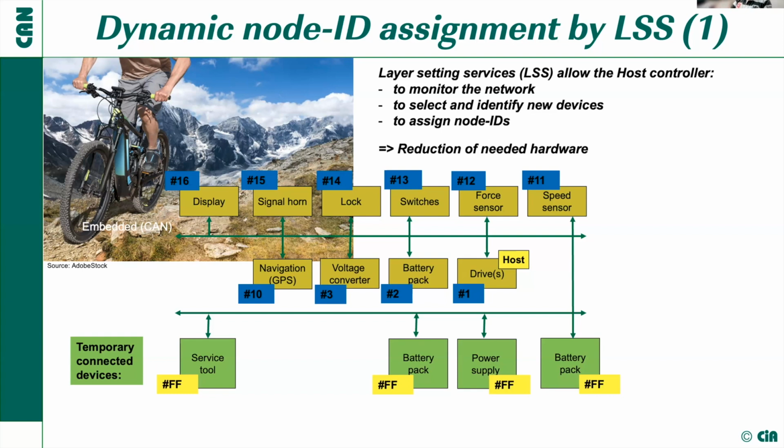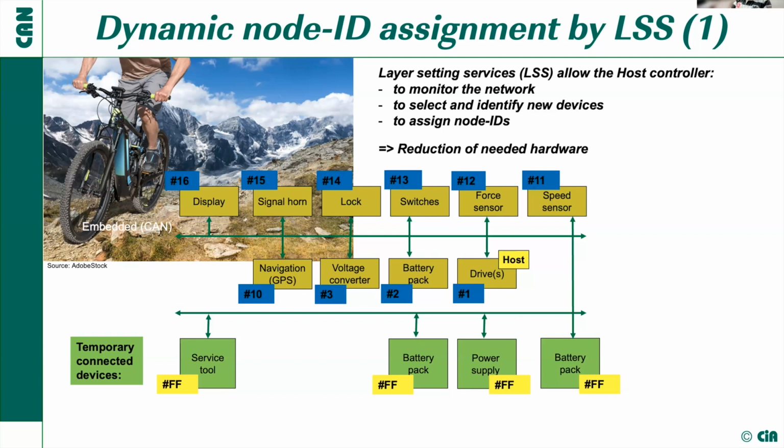Yeah, so this means as long as the devices you want to attach to your system are working with LSS, they come with an invalid node ID, or let's say they don't have a node ID and indicate this by a specific value. So they are no longer delivered with a valid node ID, but with an invalid one.